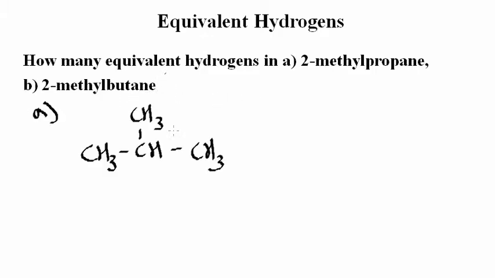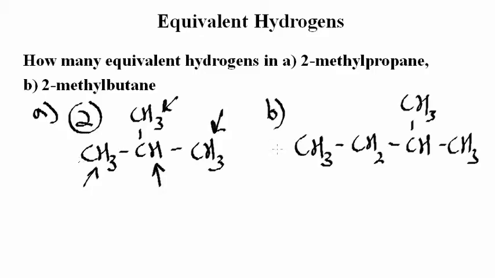Well, 2-methylpropane contains two sets of equivalent hydrogens. There is one tertiary hydrogen that I pointed to here, and a set of 9 equivalent primary hydrogens. So again, there are two sets of equivalent hydrogens in this molecule. So what would happen is that on a proton NMR spectrum, you would only see 2 peaks.